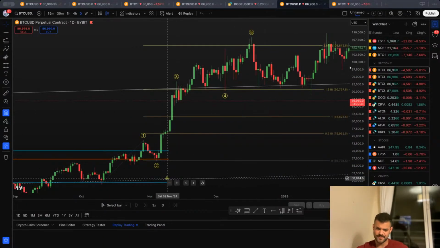Massive move from the 618, tap on the 1. Beautiful. Little bit of a retrace, tapped into the 1.618, retrace all the way to A, B, C flat into 5.